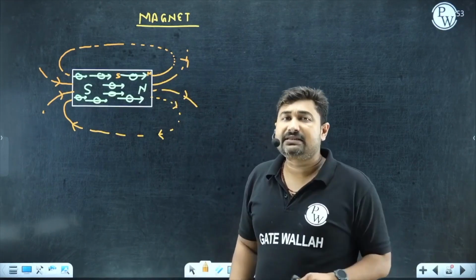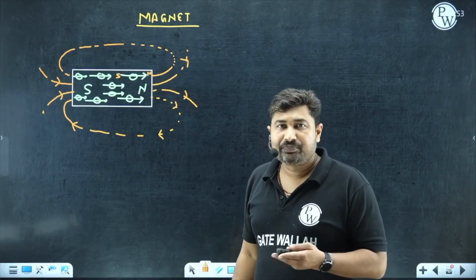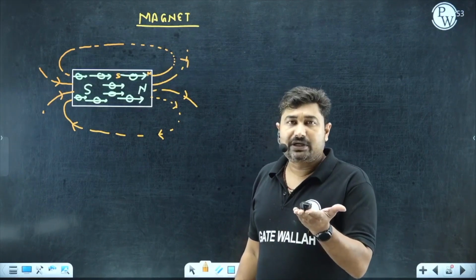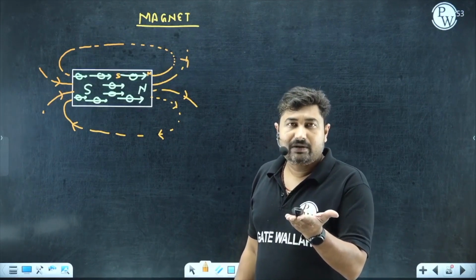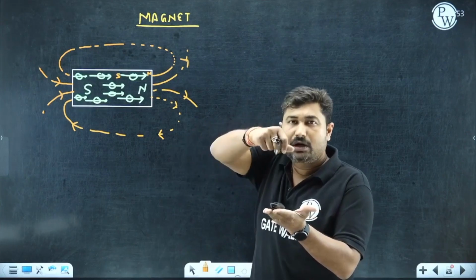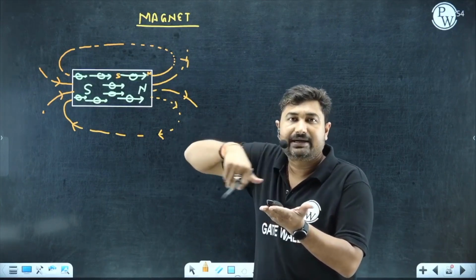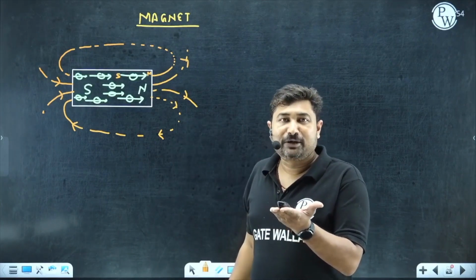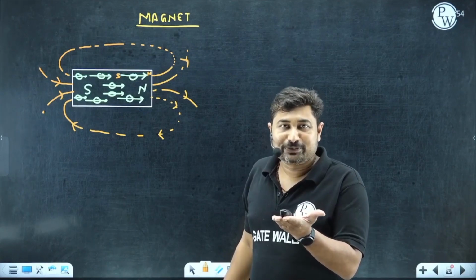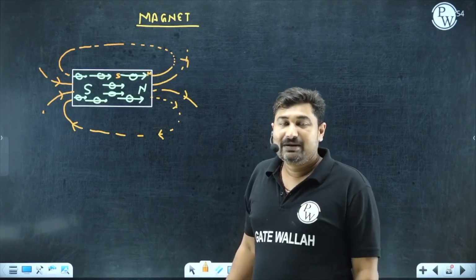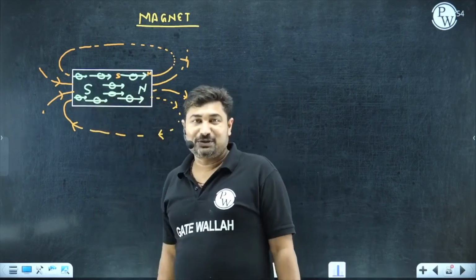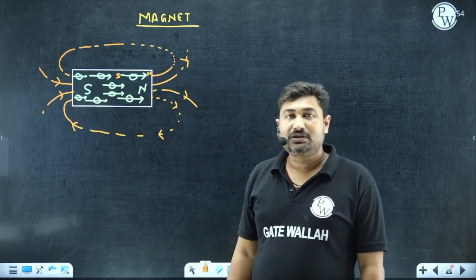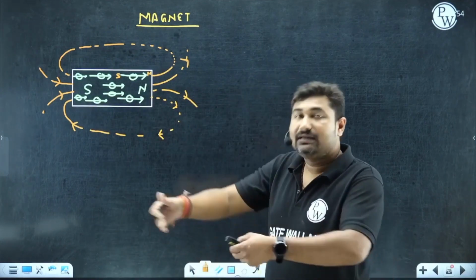Even in your ninth standard, you have done this experiment. One magnet is put onto a plain white paper, and then iron powder is spread around the magnet. All the magnetic lines of force become visible. But it's difficult to mark north and south. So for marking north and south, we take Earth's north and south.